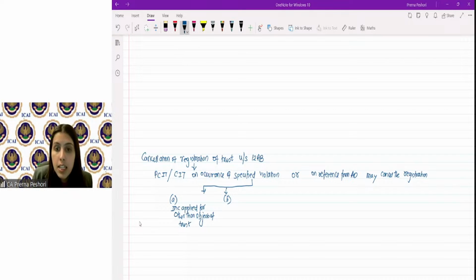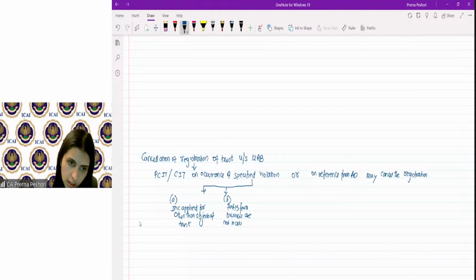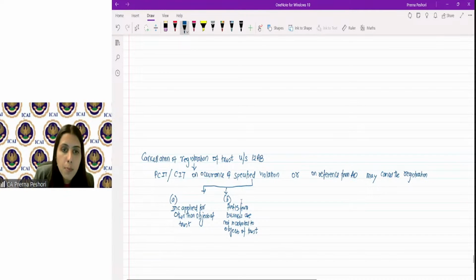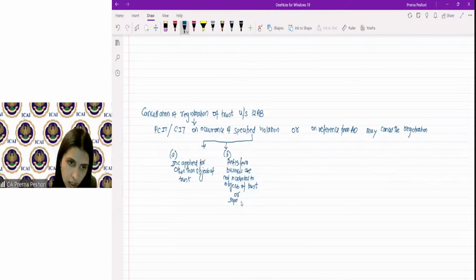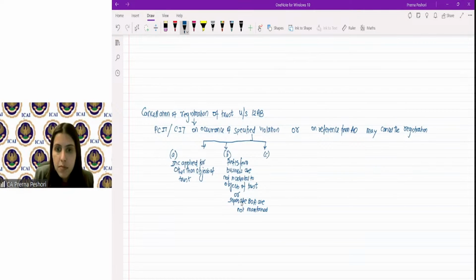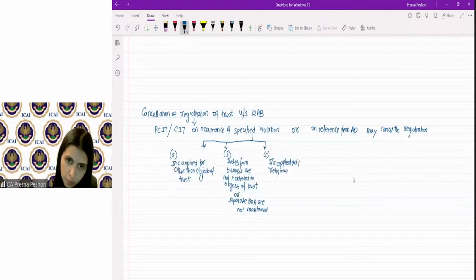Second, the profits from business are not incidental to the objects of the trust, or separate books of accounts are not maintained. Then, the trust has applied the income for religious, for private religious purposes or for any particular community.